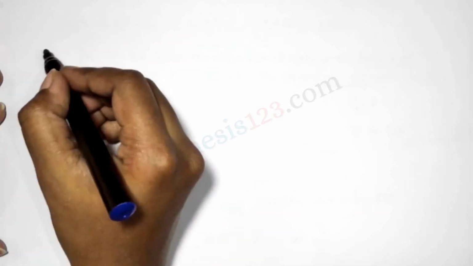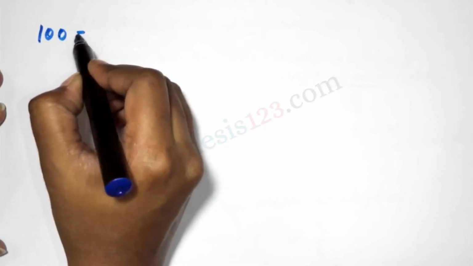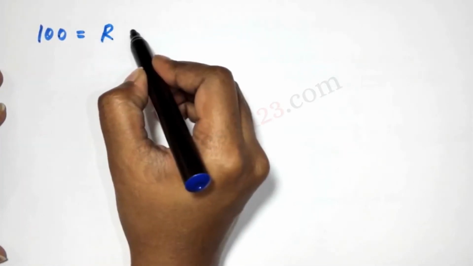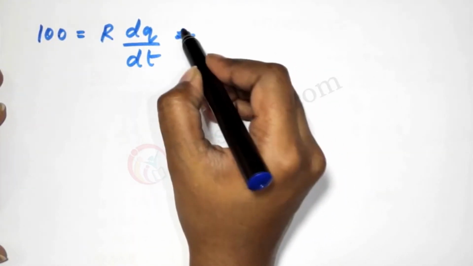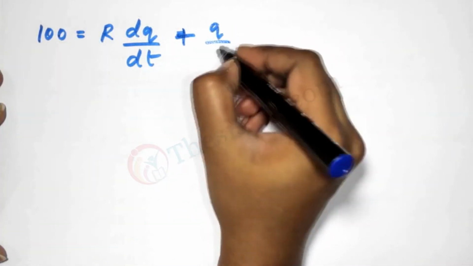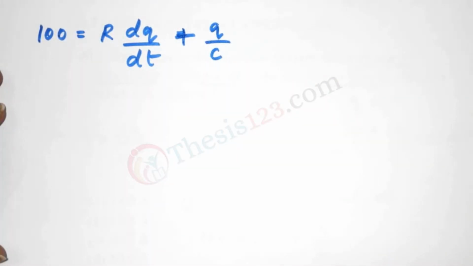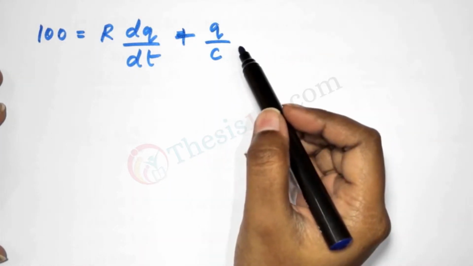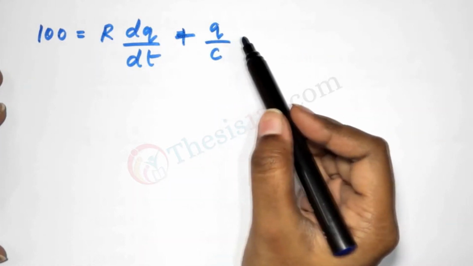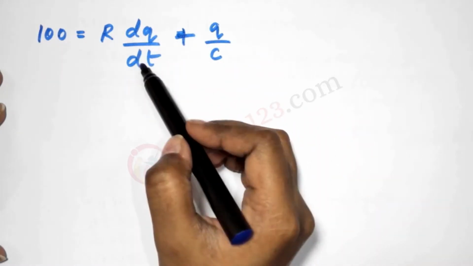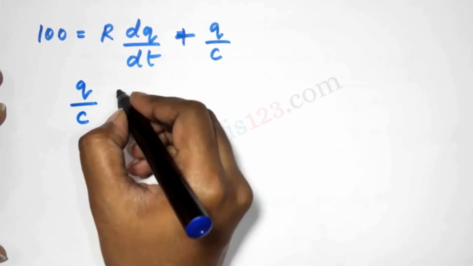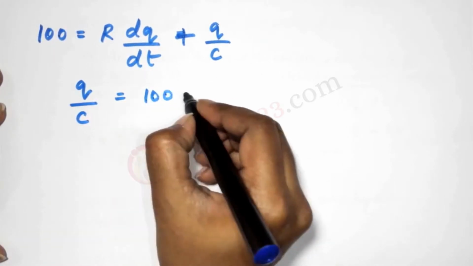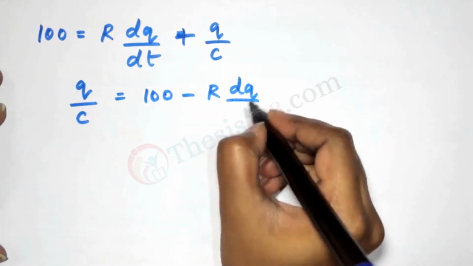Now, what do we have so far? We have 100 is equal to R into dq by dt plus q by c. Now, we need the charge to be positive. So what I'm going to do is bring R dq by dt to the other side and write the equation like this. That's q by c is equal to 100 minus R dq by dt.